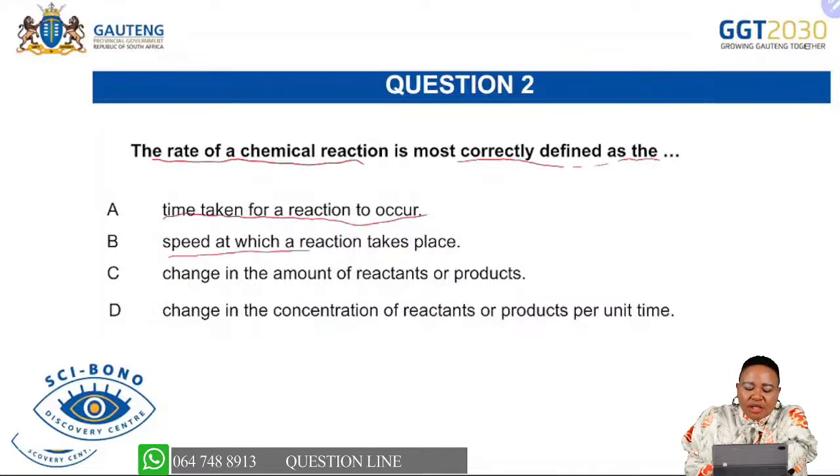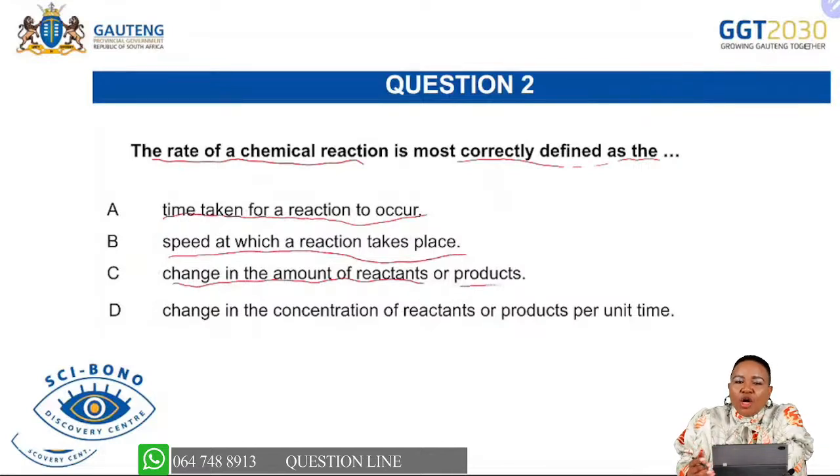The speed at which the reaction takes place is also not correct. The change in the amount of the reactants or products is closer to the correct definition. However, if the words per unit time are not there, then the definition is incorrect. The change in the concentration of the reactants or products per unit time. So you can see that D is our most correct answer for defining the rate of reaction, or reaction rate.